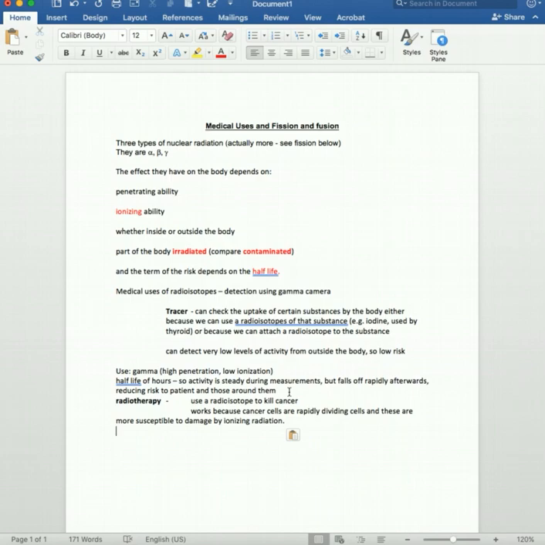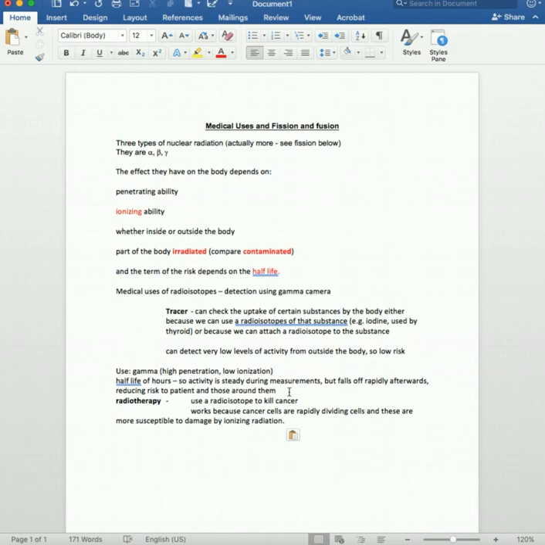So when you have radiotherapy, very often your hair will fall out because your hair cells are rapidly dividing, at least for some of us, not for me, but your hair cells are rapidly dividing, and they are more susceptible to ionizing radiation damage than other cells.